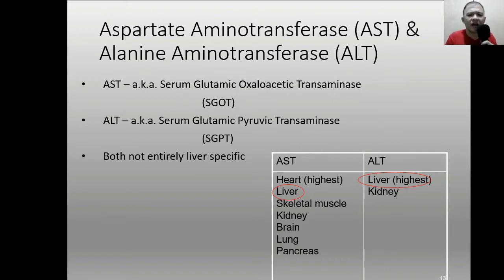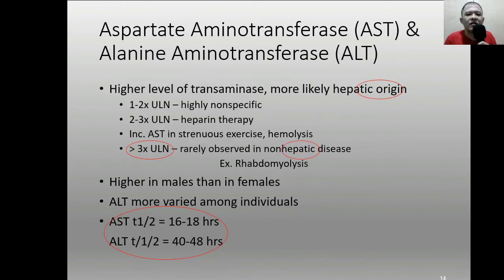But if they are prominently increased, please consider the liver. Of course, correlate it with the history. The higher the transaminase, the more likely hepatic origin, especially when the increase is more than 3 times the upper limit. For example, the normal levels of AST and ALT are about 40, times 3 is 120 to 150. Most likely that is secondary to a liver dysfunction.